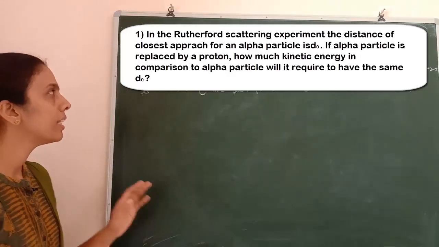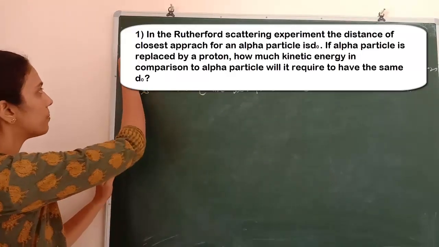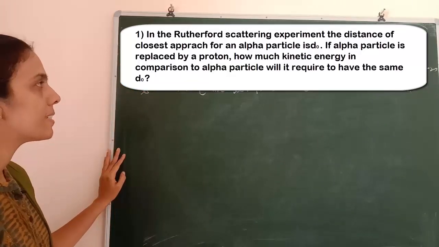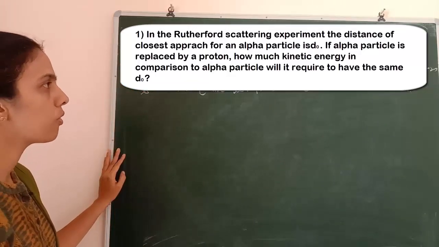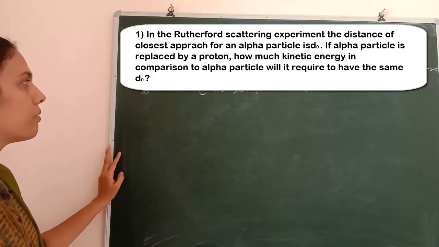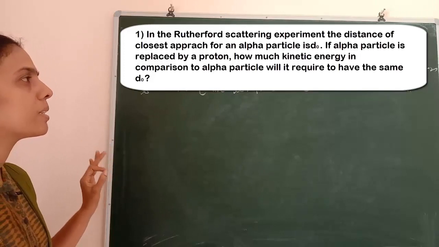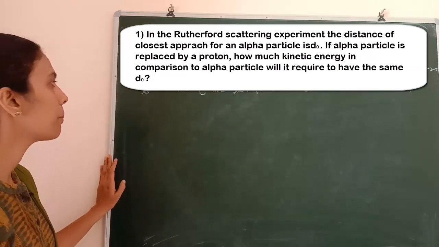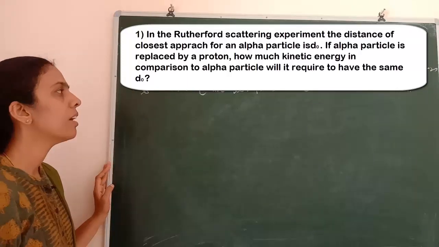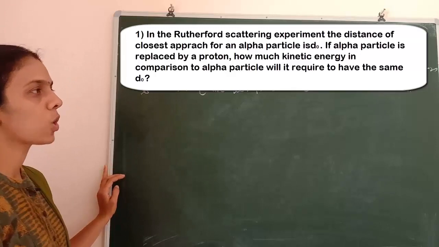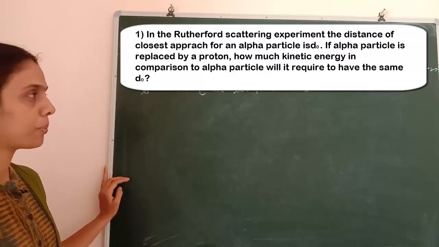Here the first question is: in Rutherford experiment, the distance of closest approach of an alpha particle is d0. If the alpha particle is replaced by a proton, how much kinetic energy in comparison to the alpha particle will it require to have the same distance of closest approach?